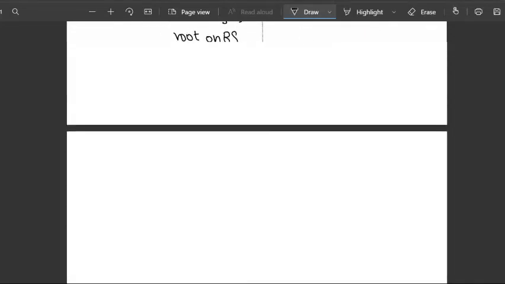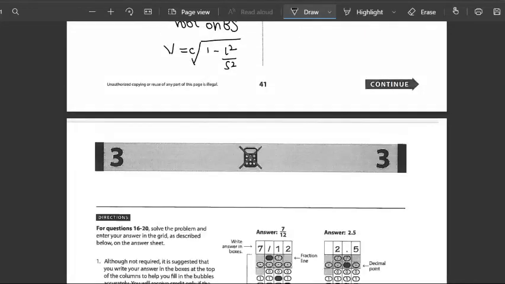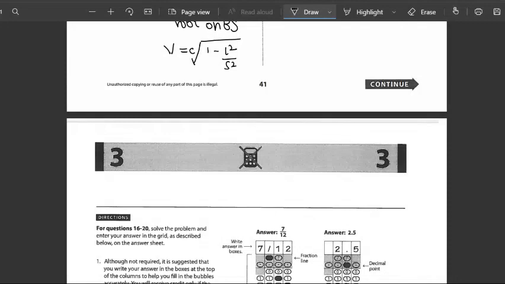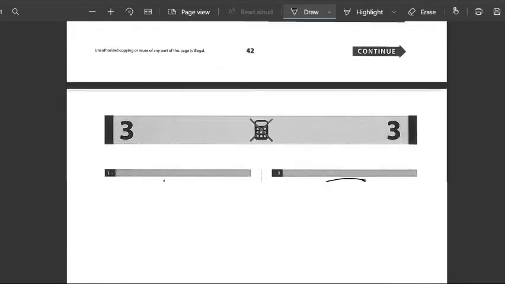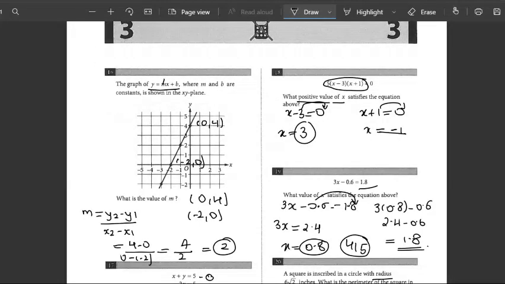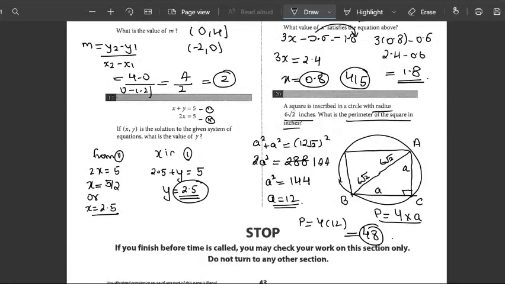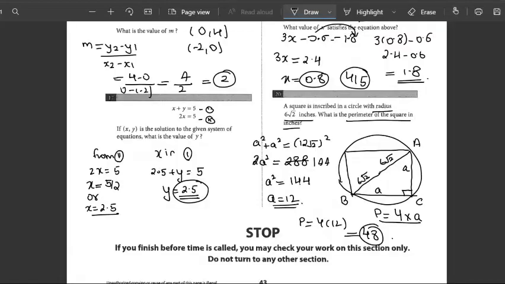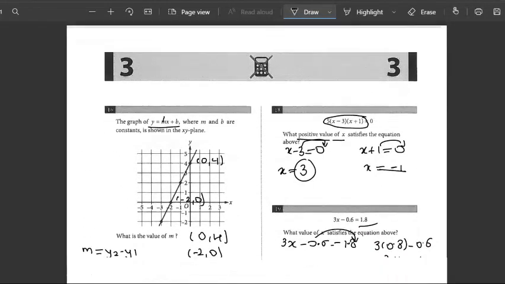Now let's look at the grid-in questions. So 16 is 2 and 17 is 2.5. Okay. 16 is 2, 17 is 2.5, 18 is 3, and 19 is 0.8. 18 is 3.